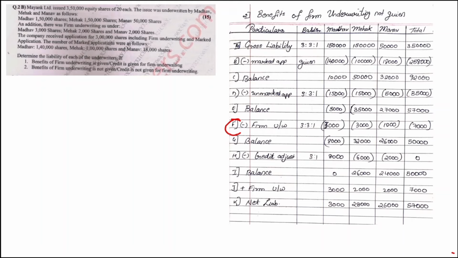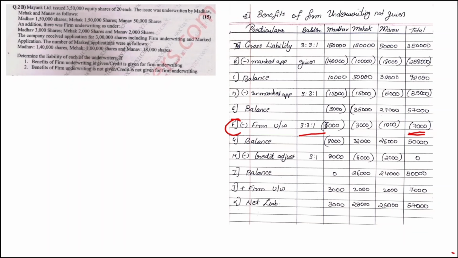-5,000, 35,000 and 27,000. Now when the benefit is not given, the firm underwriting total was 7,000. That has to be divided as per the GL ratio. When the benefit is given, we take the actual, but when the benefit is not given, we take the GL ratio. So that is 3,000, 3,000 and 1,000.